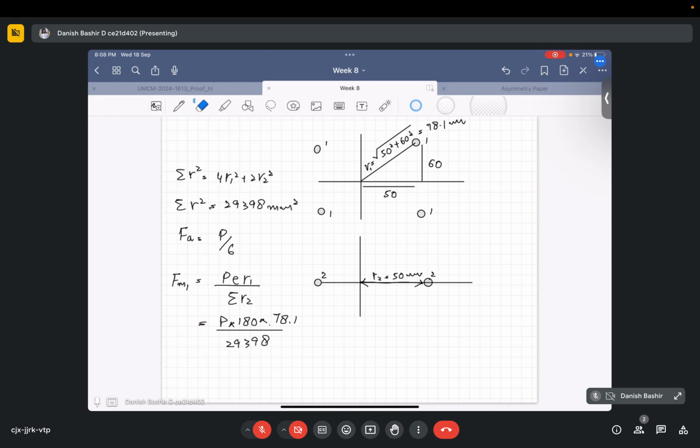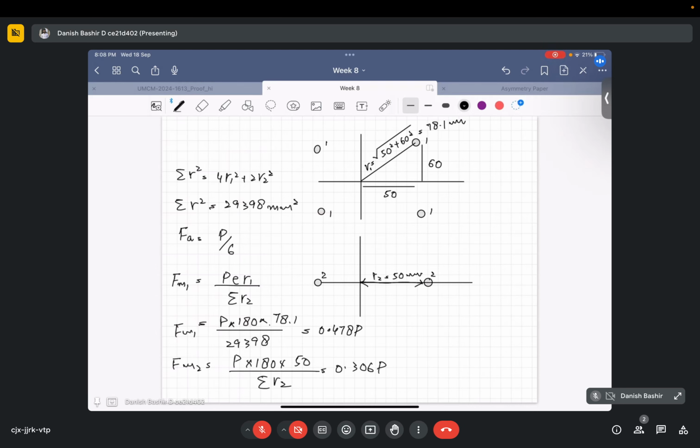So Fm1 comes out to be 0.478 P. Similarly, Fm2 will be P into 180 into r value 50 divided by summation r square, and it comes out to be 0.306 P. So we got Fa and Fm also.